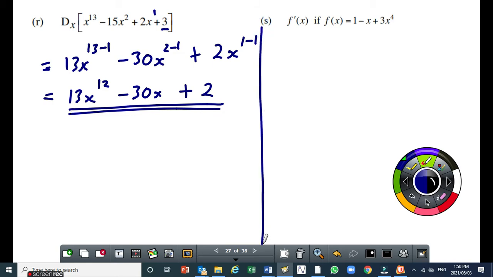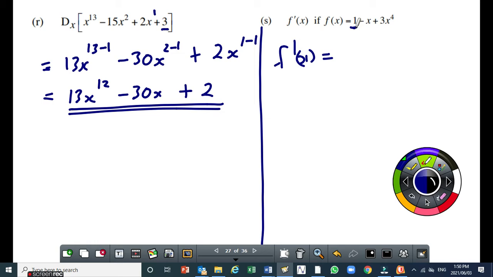Then question 1b, we have f of x equal to 1 minus x plus 3x to the power 4. Now, all the three terms are already simplified. There are no brackets, no square roots, no division lines. So I can find my derivative. f prime of x will be equal to the derivative of a constant, in this case 1, which is a 0.